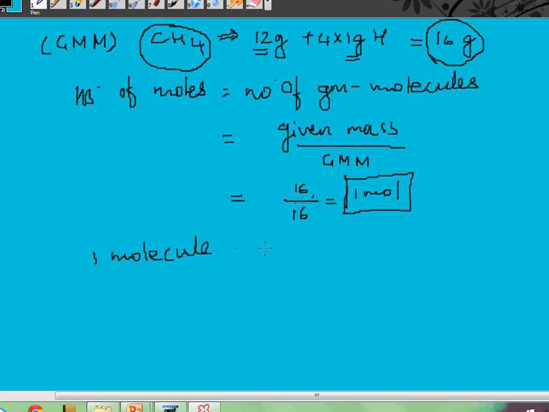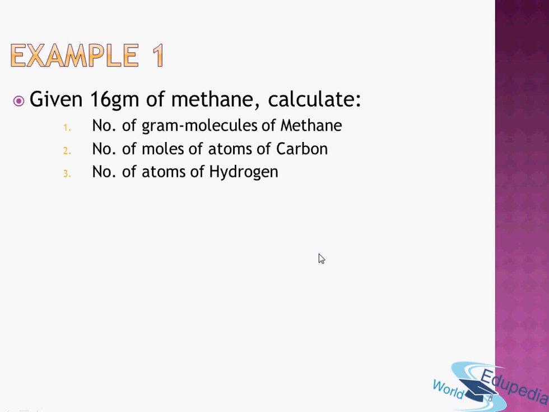This implies 1 mole of CH4 or 1 mole of molecules of methane will have 1 mole of atoms of carbon. So 16 gram of methane is equal to 1 mole of methane, hence it is equal to 1 mole of carbon. So 16 gram of methane has 1 mole of carbon atoms.